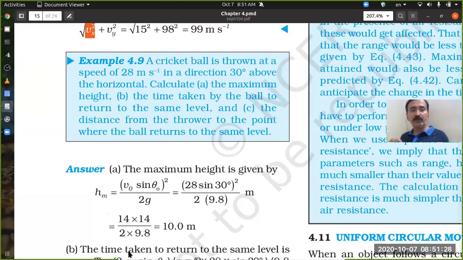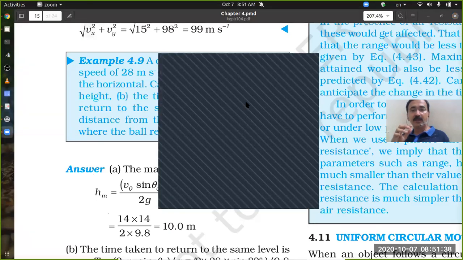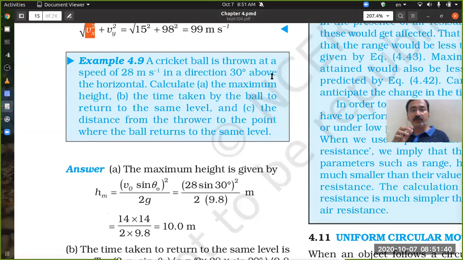Yes, see, hello, am I there? Am I audible? Yes, sir. Okay, now the ball is thrown, so you are given initial speed v0, 30 degree is theta 0, maximum height hm.